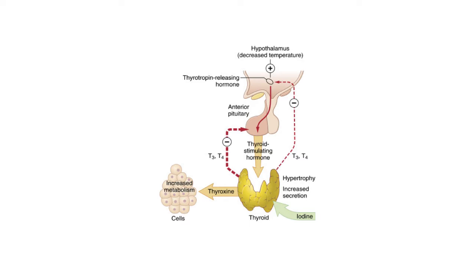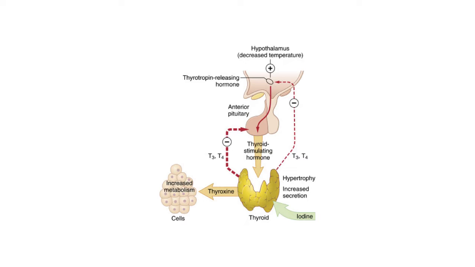If the hypothalamus detects that the patient's blood has low levels of thyroid hormone in the form of T3 or T4, and if the patient is continuously exposed to an environment that is cold, then the hypothalamus will start to release thyrotropin releasing hormone, which goes into the anterior pituitary gland, and that stimulates the thyrotropin cells of the anterior pituitary gland to release thyroid stimulating hormone.